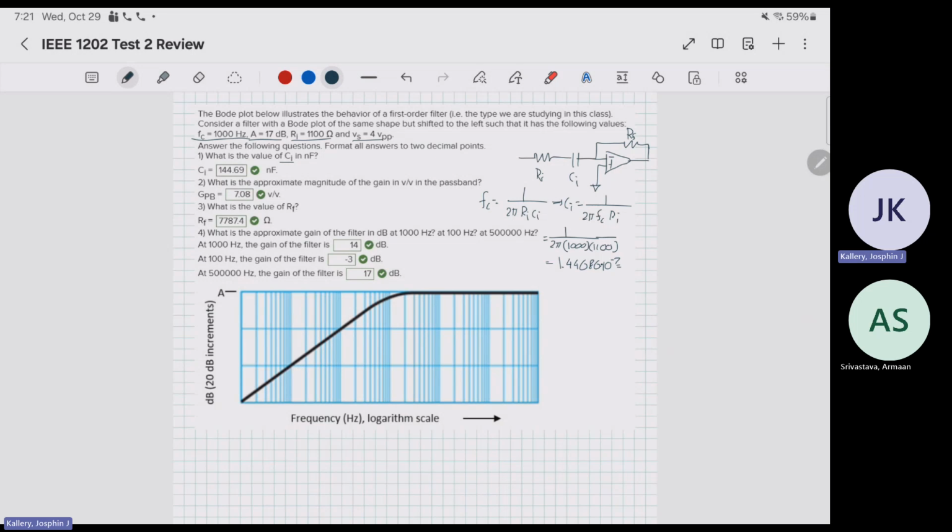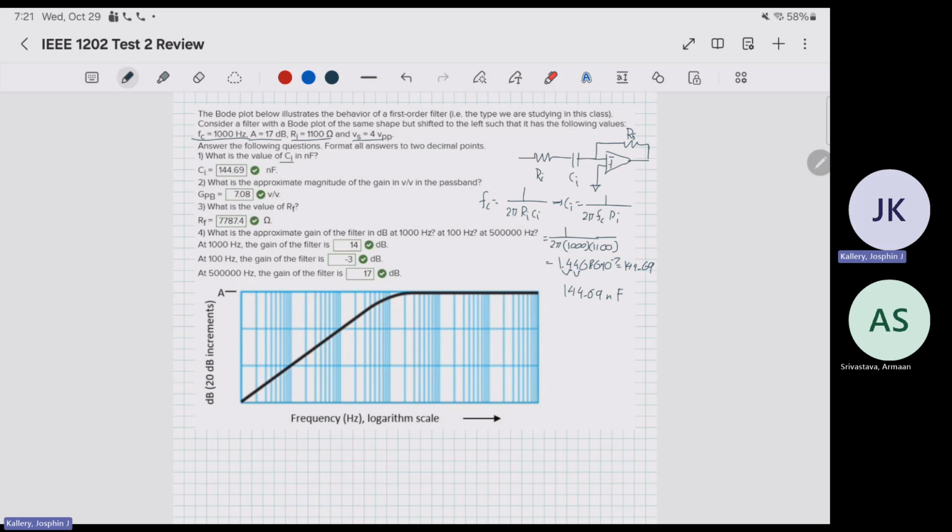This is 10 to the negative 7, so we need to shift this over 2. So we get 144.69 if you round. So that's 144.69 nanofarads. So that's our answer for part 1. Okay. Now let's move on to the next question.